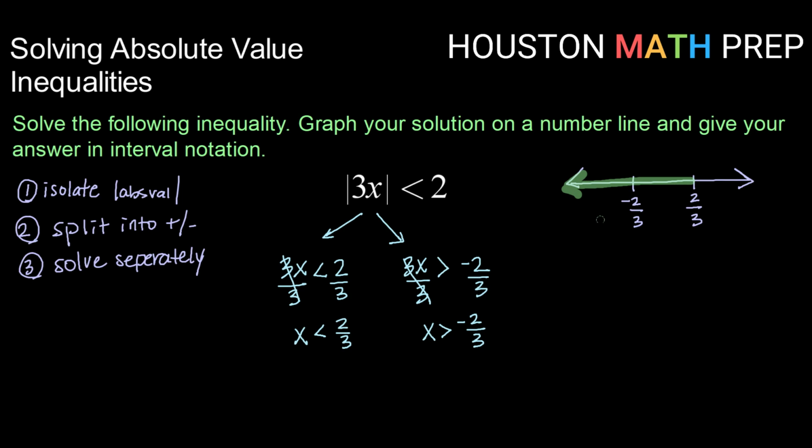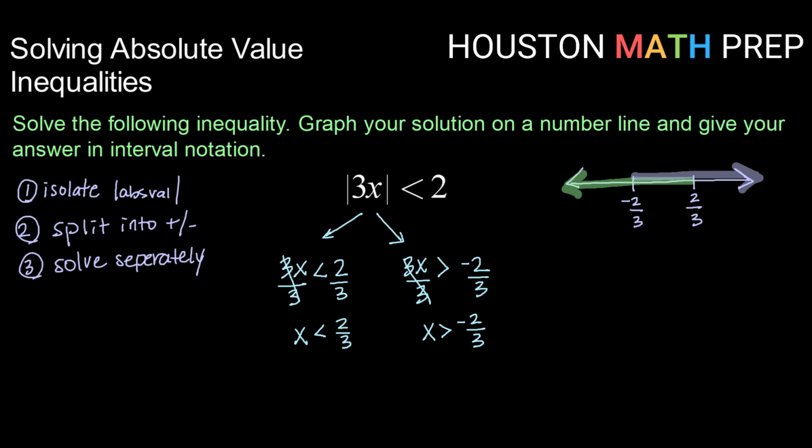So shading from 2/3 on down. And if x is greater than negative 2/3, I'm going to be shading above or to the right. So above negative 2/3. So in this instance, we can see that we have overlapping shaded regions.